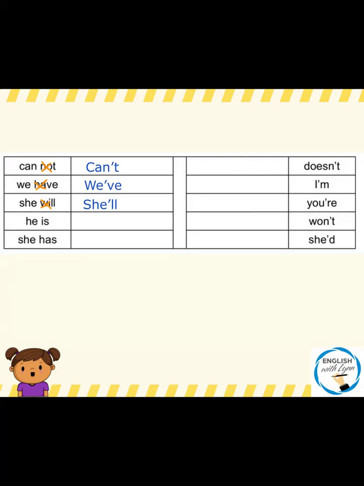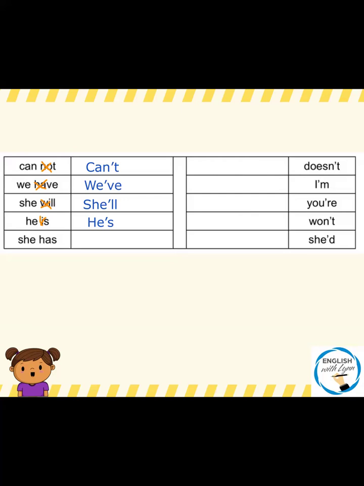Now, the next one, when we've got he is, you need to be really careful because this contraction also means he has, because what we are doing, we are taking away the I. So think about where your apostrophe is going to go, and you are going to end up with he apostrophe S. So he's, and that means he is or he has.